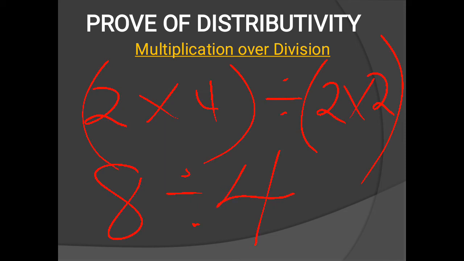So now we have 8 divided by 4, which is 2. But when we solved directly, we had 4, and this one is 2. So you see different answers. So multiplication over division is not distributive.